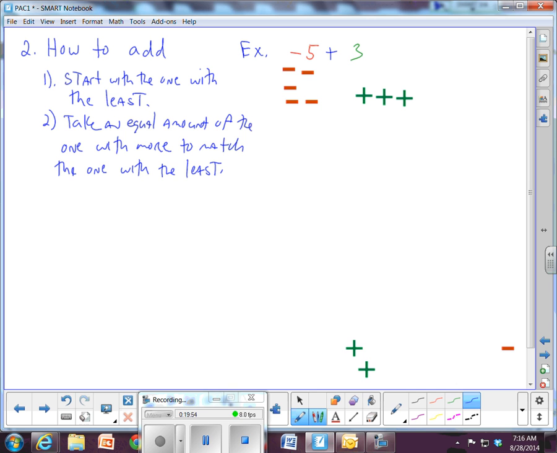Now, let me pause for a second and just help you guys understand something. Look, right now, this is taking quite a bit of time. And I understand that. And you might be saying, man, this is going to take me forever to add positive and negative numbers. And the answer is no. Here's what we're going to do. For the next couple of days, we're going to train our brains in what actually is going on, in what actually is taking place.